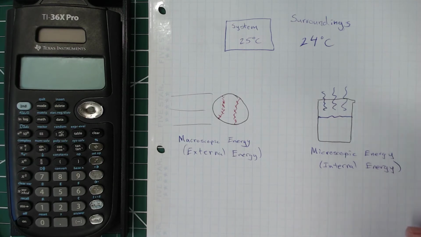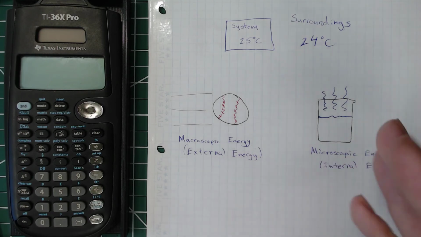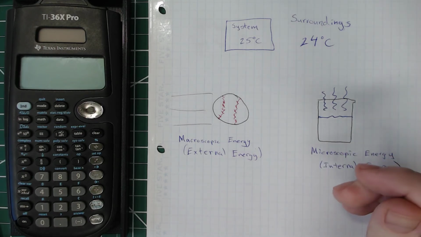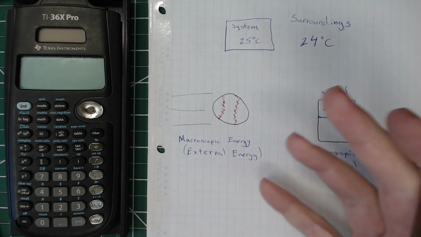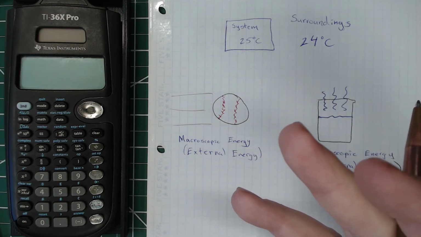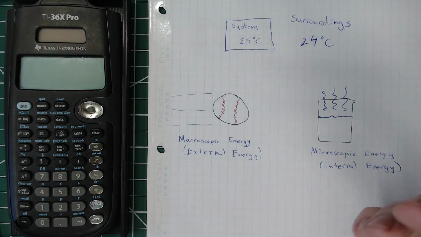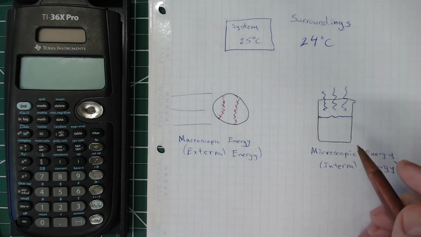Now, it is certainly possible to convert between macroscopic and microscopic energy. For example, with the car that we were discussing earlier, when it brakes to a stop, the macroscopic energy, the whole energy of the car, gets converted into microscopic energy, heat energy.